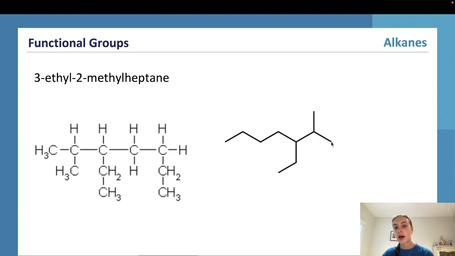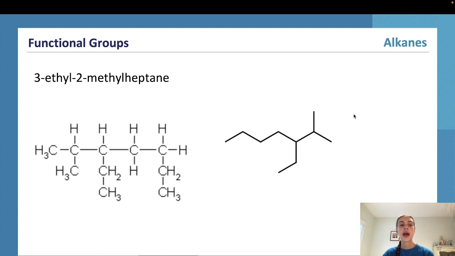So we'd have 1 carbon, 2 carbons, 3 carbons, and we can see we've got a branch located here. So 1 carbon, 2 carbons. So that 2-carbon long branch there would be our ethyl group. So 1, 2, 3, our ethyl group's on the third carbon along the chain. And then our methyl group is going to be on the second carbon along the chain. So going 1, 2, we've got 2-methyl there. And so that methyl group being the end of that stick there.